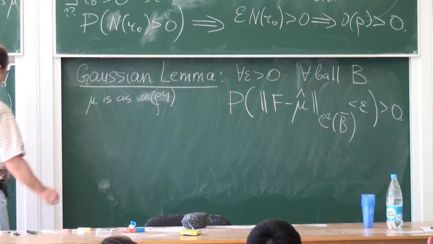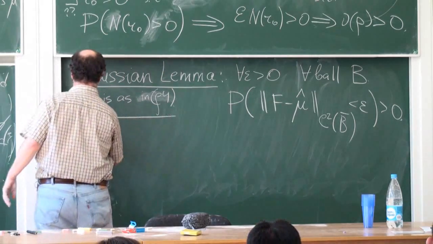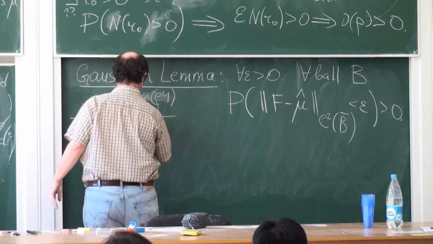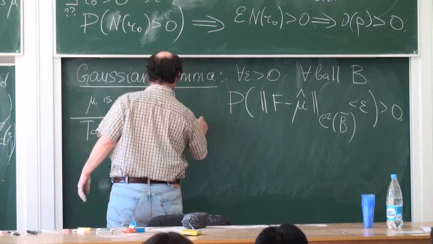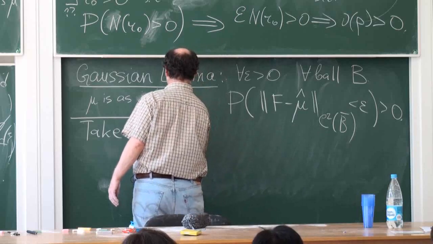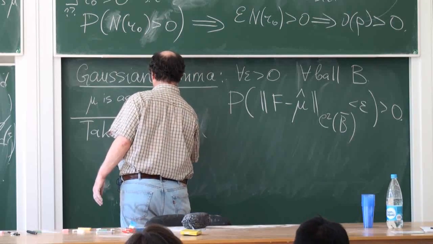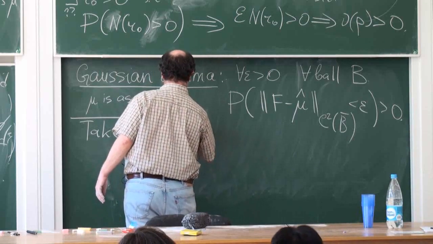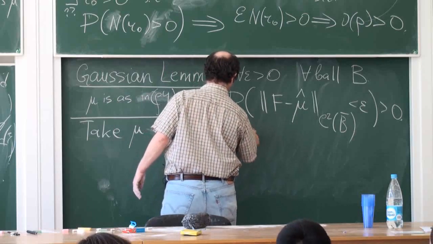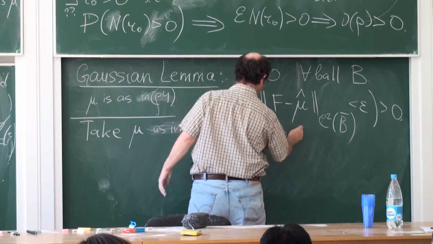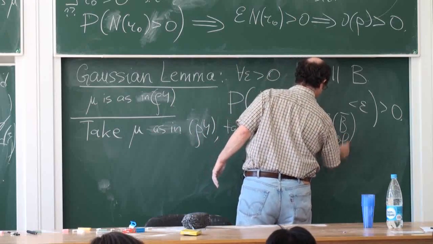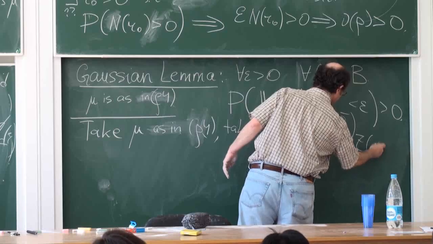And if this is true, then we take mu with zero set such that mu is as in rho 4, and take a ball B such that it contains a component of the zero set of the Fourier transform.